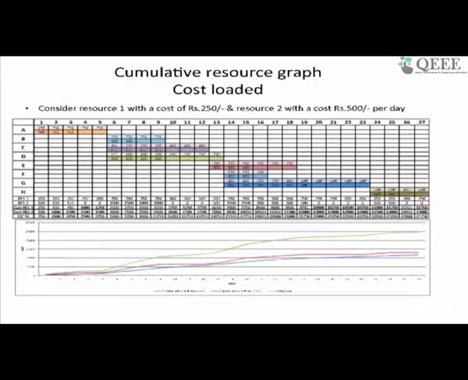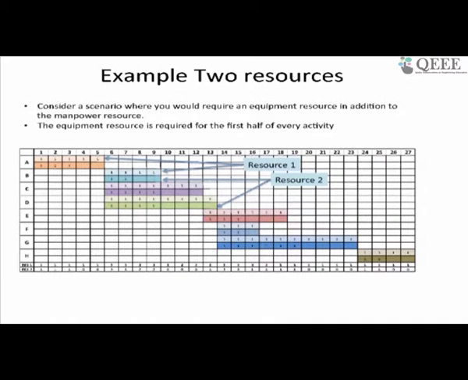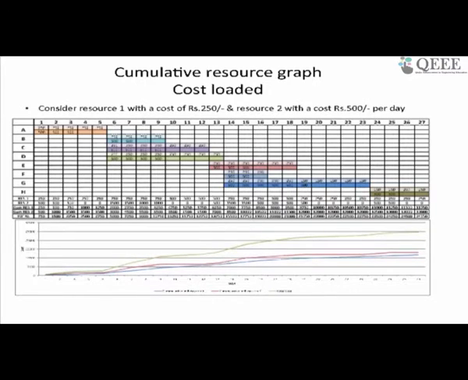Okay, so going into the money side, I don't know whether this is clear, but what we have basically done is multiplied the first part by the amount of money it takes per day, and the second, so this is by 250 and this is by 500. I've again kept the numbers simple so that the concepts are clear and we don't get lost with the numbers.